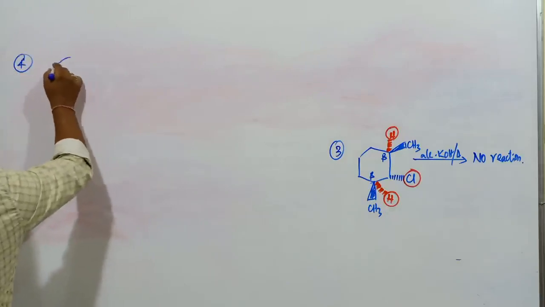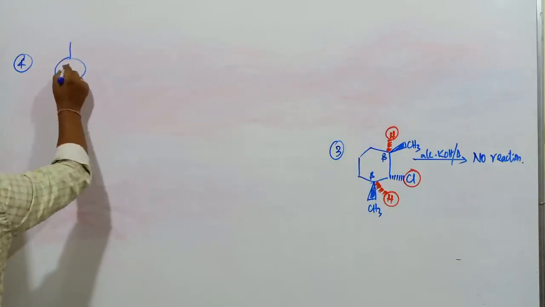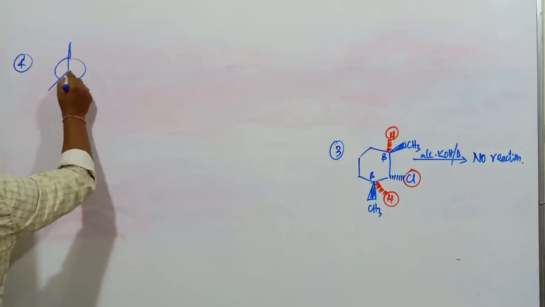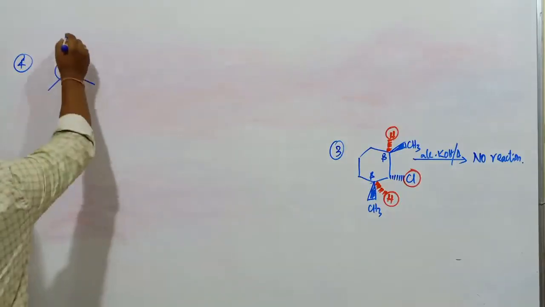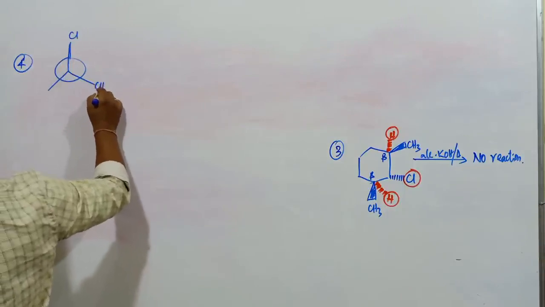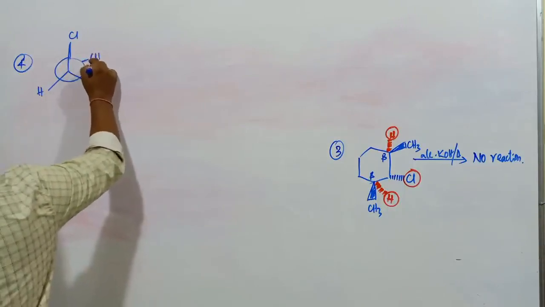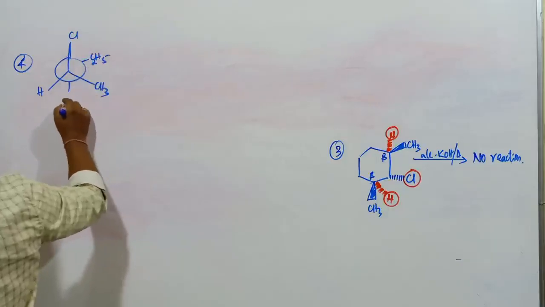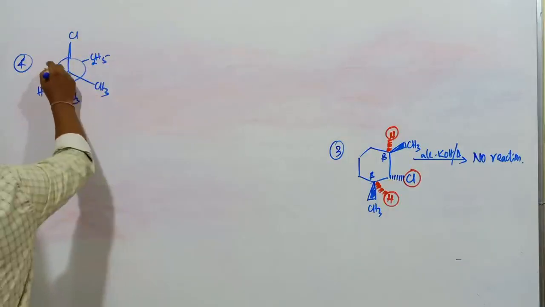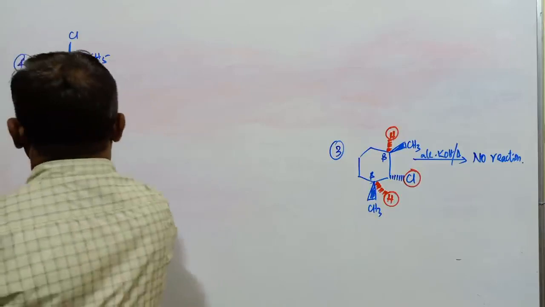Another example: I'll go with conformational isomers of this one. This is Cl, it is CH3, this is H, it is C2H5. I'll consider this one. This is CH3, this is H. One structure.